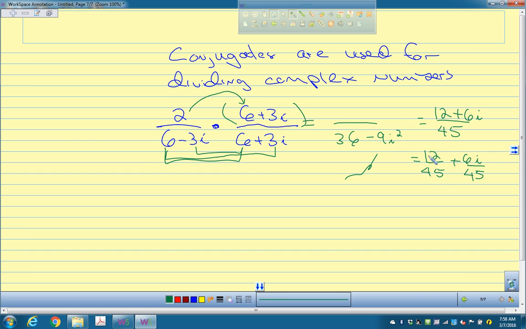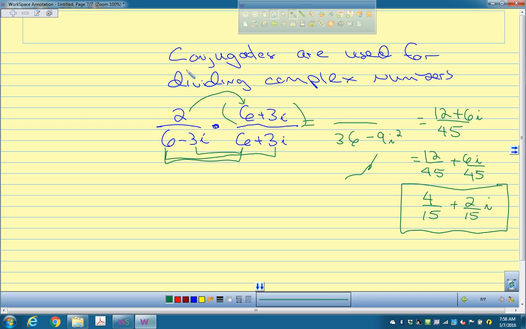I think 3 goes into here 4 times, and 3 goes in here 15 times. And then 3 goes in here 2 times, and 3 goes in here 15 times. And this is how you leave your final answer, like this: 4/15 plus 2i.